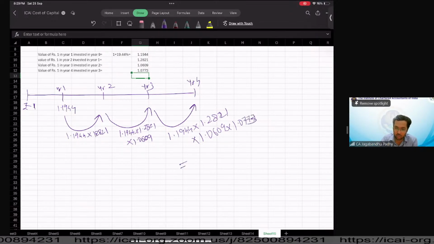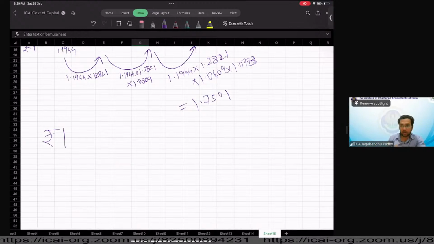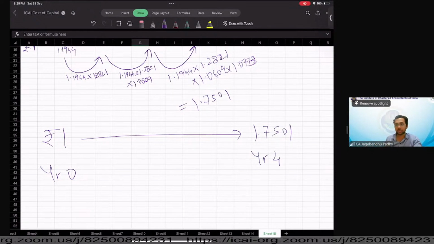So what's the cumulative value of 1 rupee? 1.7501, right? So can I say, sir, rupee 1 of year 0 becomes 1.7501 in year 4? 1 rupee invested today becomes 1.7501 in year 4.